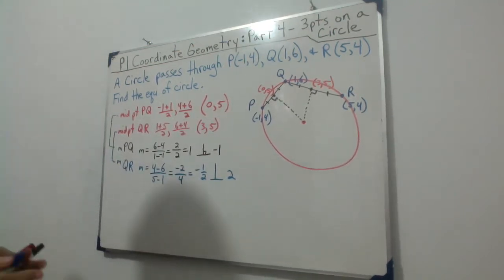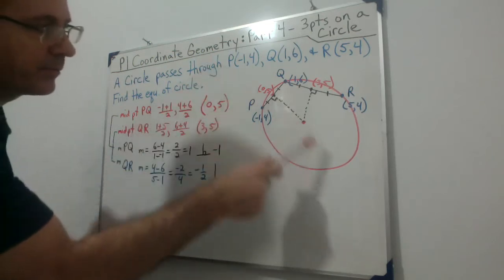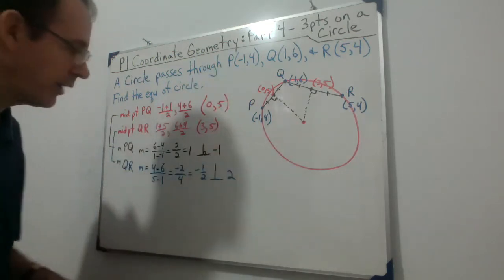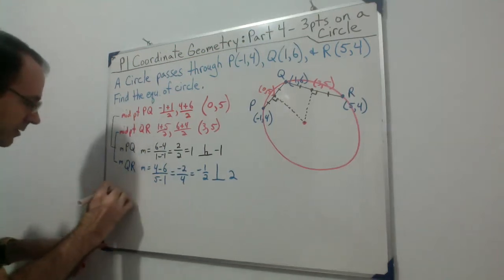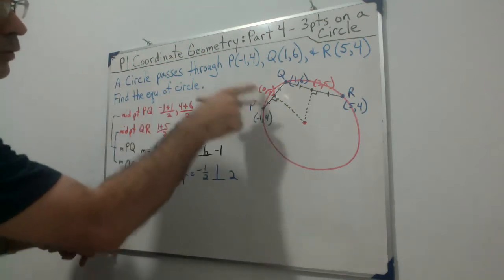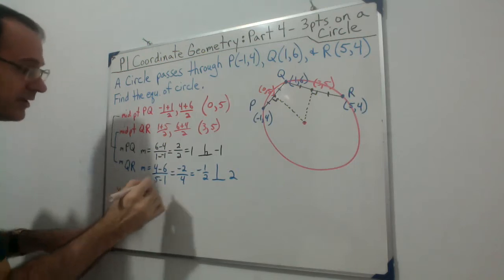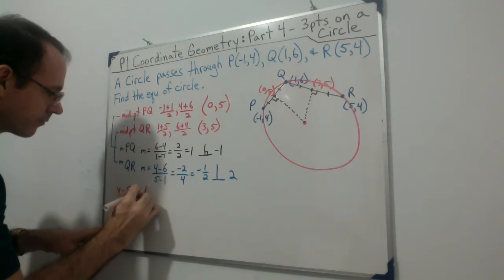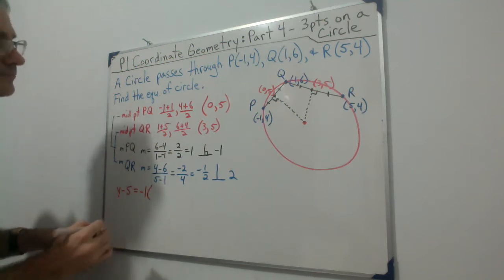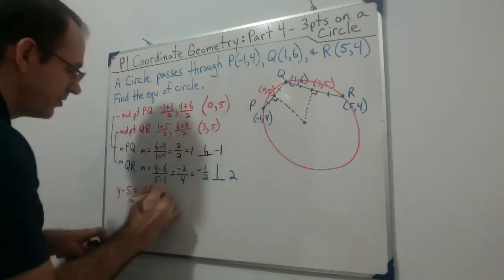So now we want to generate our perpendicular bisector equations. This one is going to be y minus y1, which is 5, equals m, which is our -1, times x minus 0.